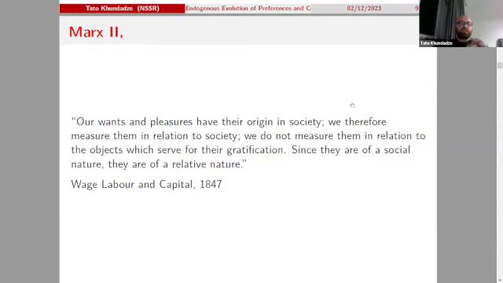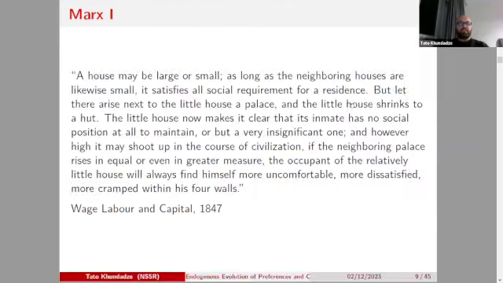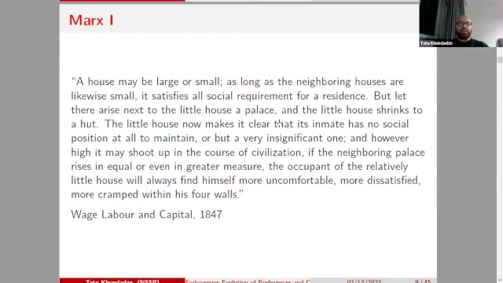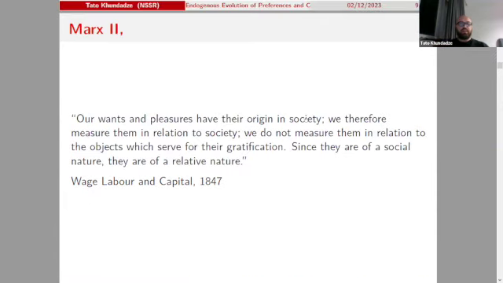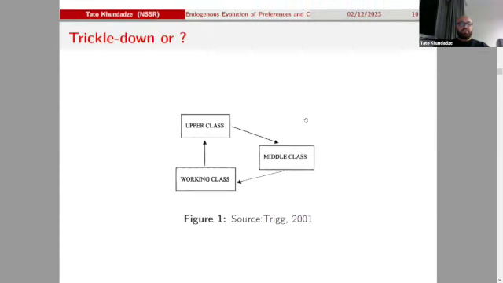We do not measure them in relation to the objects which serve for their gratification. Since they are of a social nature, they are of a relative nature. And he gives a metaphor of the poor man and the rich man, which I'm not going to discuss. But the idea is that, again, we value things relatively, in comparison to others.